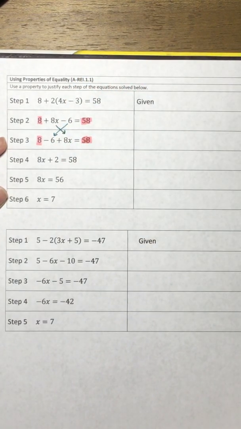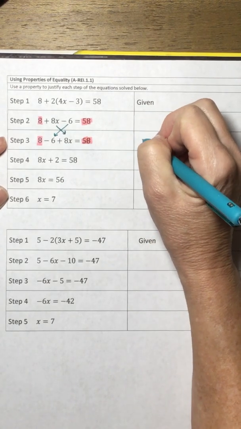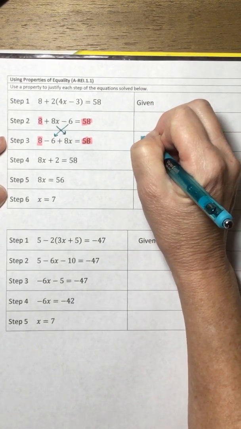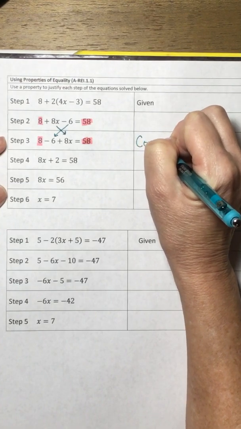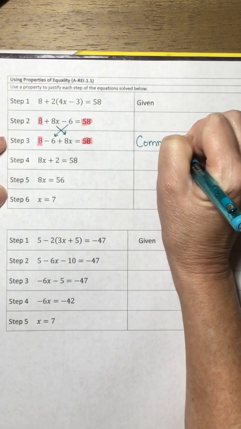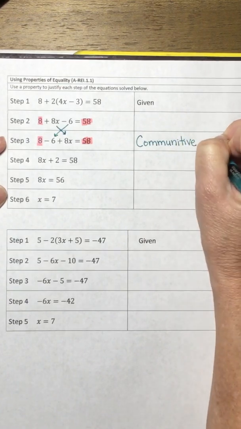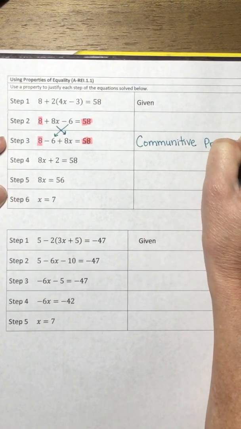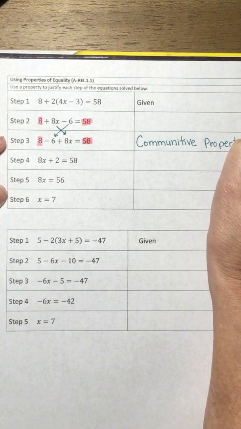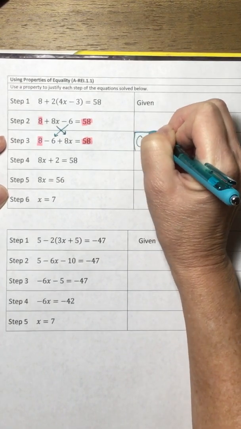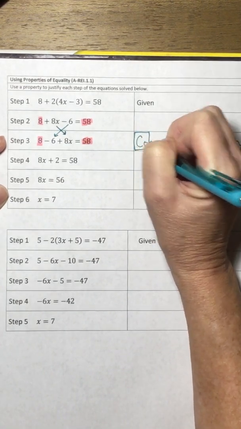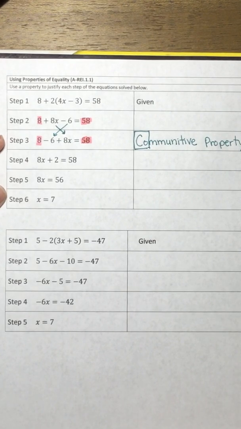So what did they do? If they changed the order, that is commutative property. And let's just put a box around the CO to remind ourselves that that means we changed the order.